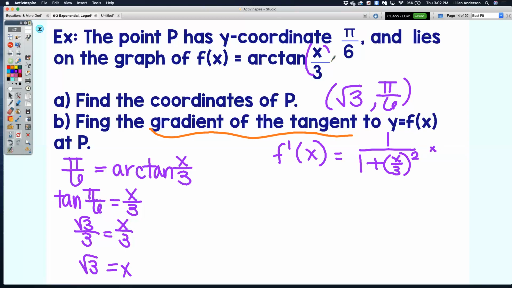What's the derivative of x over 3? 1 over 3. Now, don't simplify this. We're looking for the gradient of the tangent line, which means I need to find a value. By simplifying, I'm just creating more work when I could plug in the x value of the point to find the actual gradient.